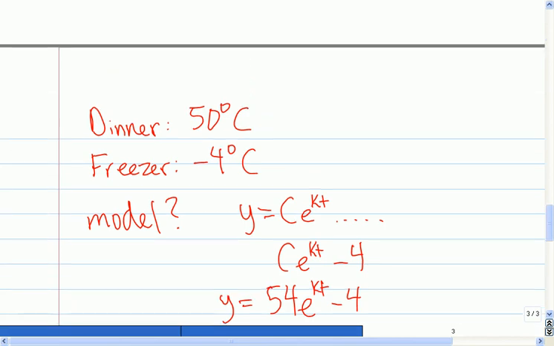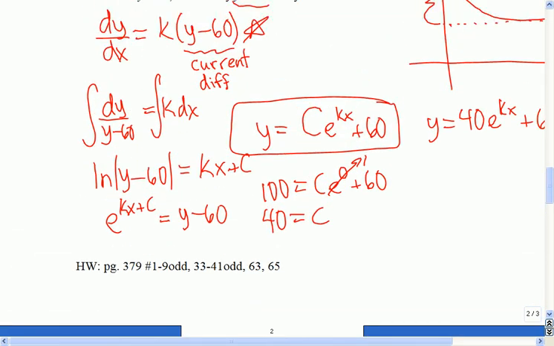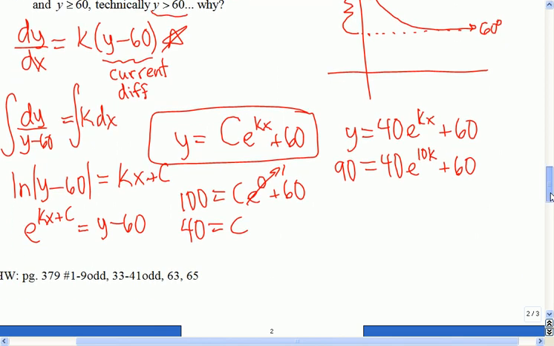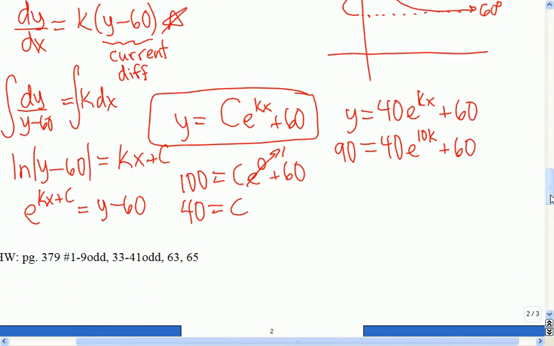So let's try working out the end of this one, which says in 10 minutes, it's 90 degrees. Okay, so that'll give me my continuous growth rate.